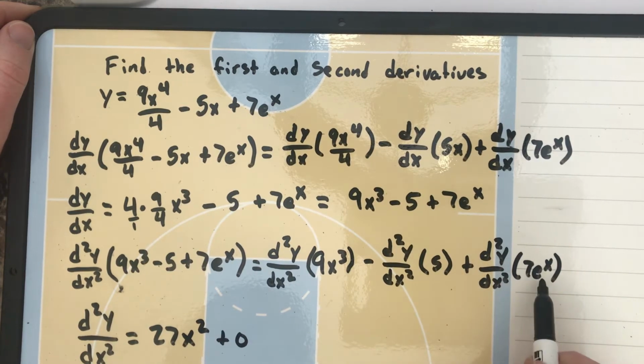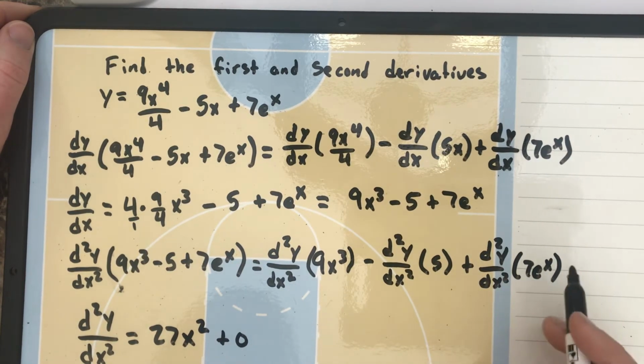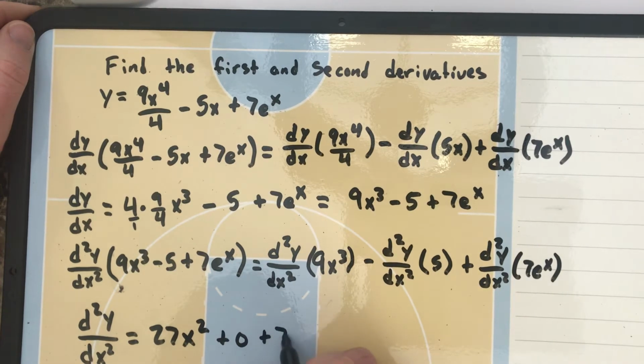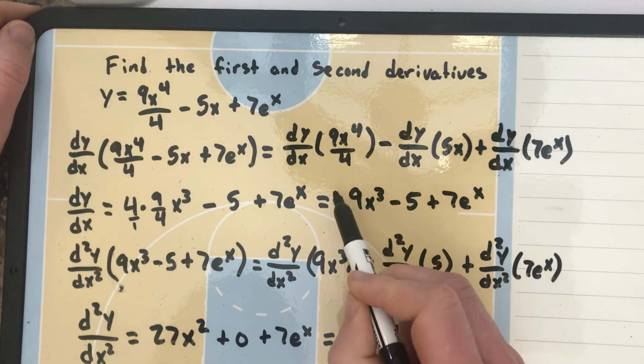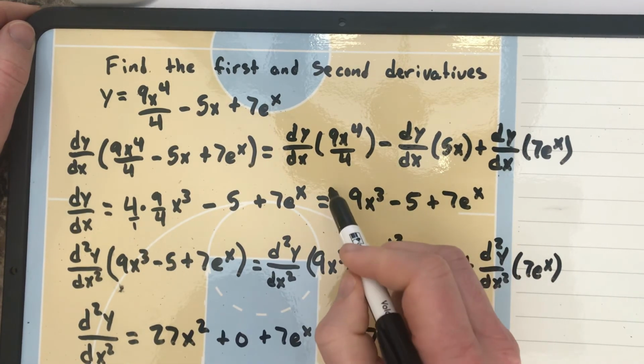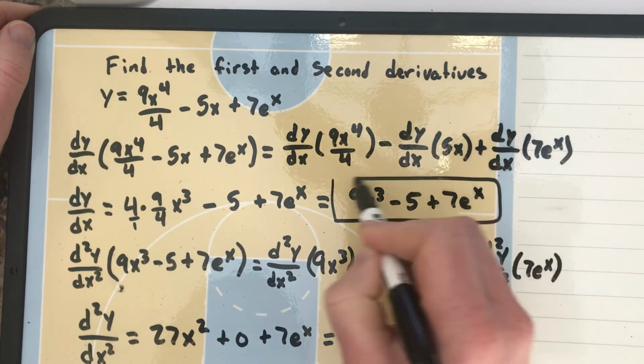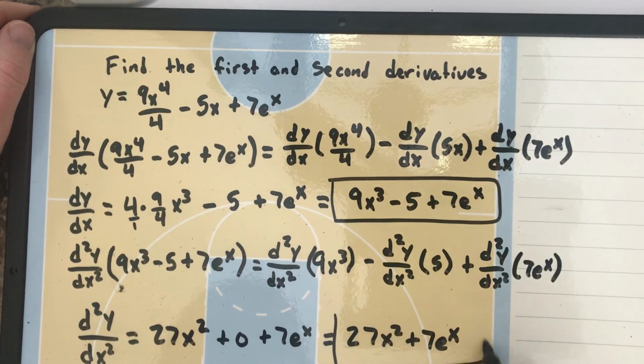So really I'm just taking the derivative of e to the x, so I just end up with the same thing, plus 7e to the x, which gives you 27x squared plus 7e to the x. So our first derivative is right here, and our second derivative is right here.